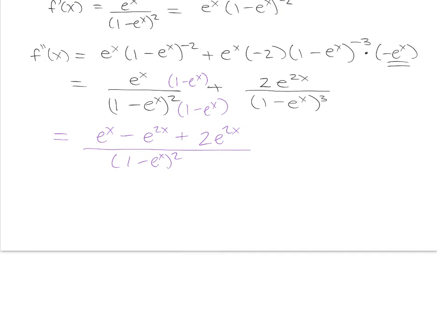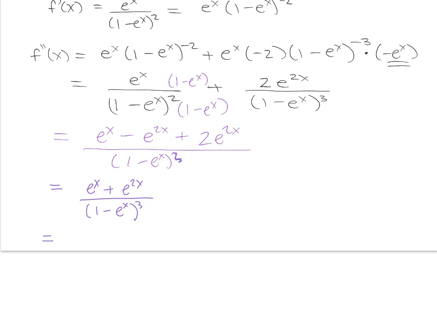Or I think it's e to the x plus e to the 2x. Do you guys agree? Does that make sense?